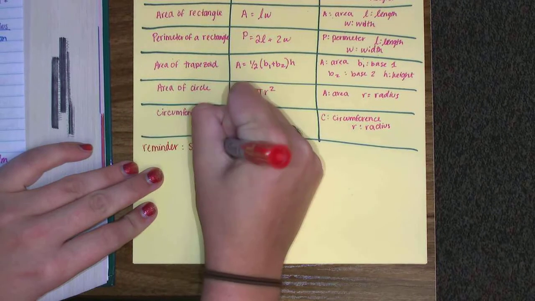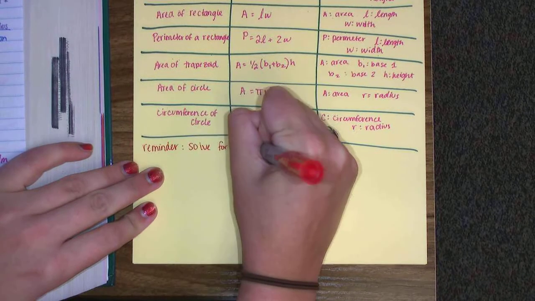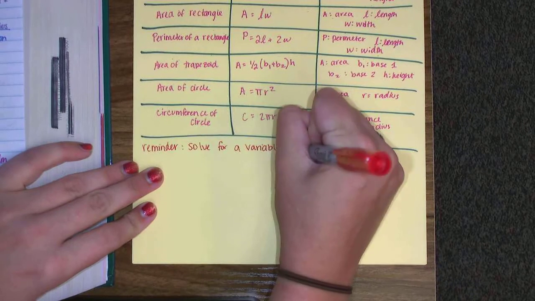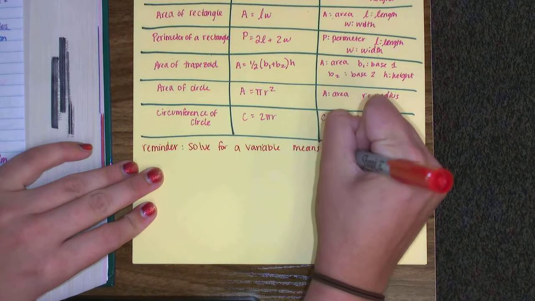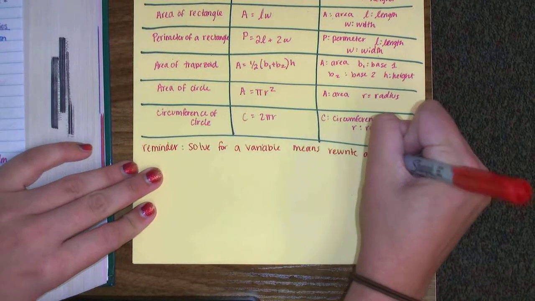Solve for a variable means to rewrite an equation.